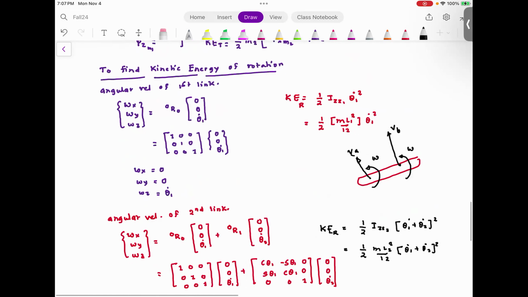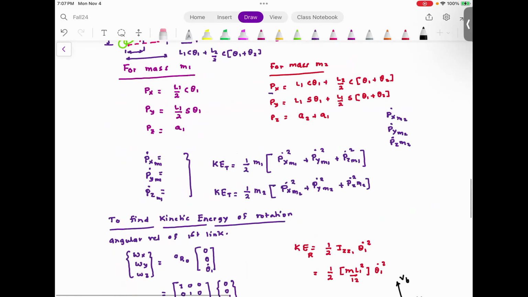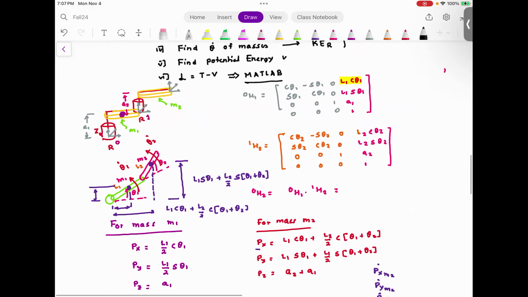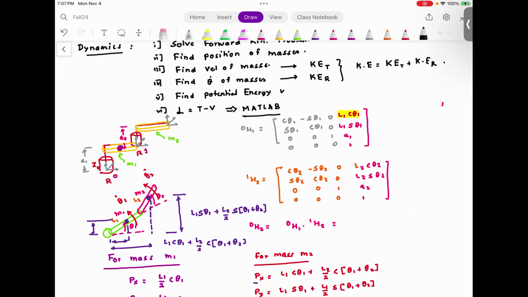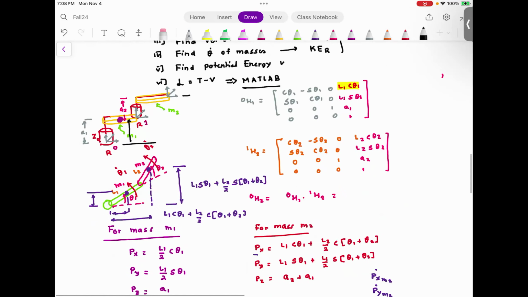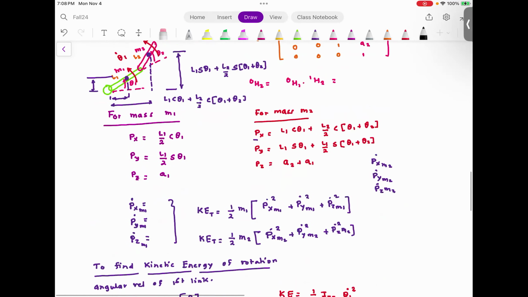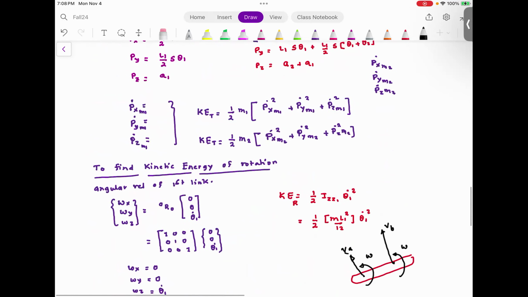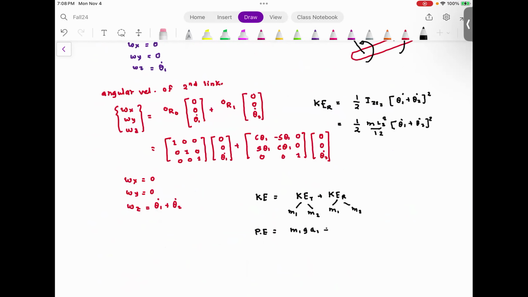Now, in this case, since this robot is in the horizontal plane, you can see the kinetic energy is different, but the potential energy is going to be the same. So potential energy is going to be M1 G A1 plus M2 G (A1 plus A2). Are you with me so far?